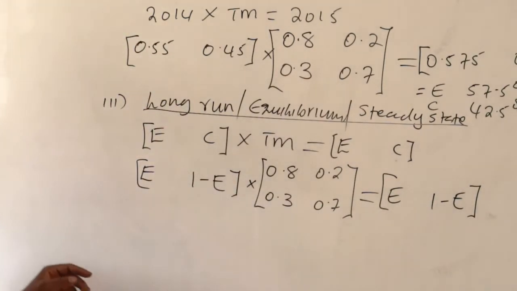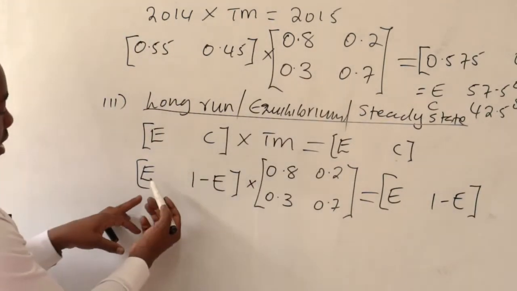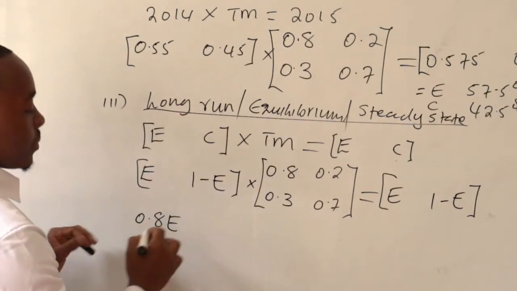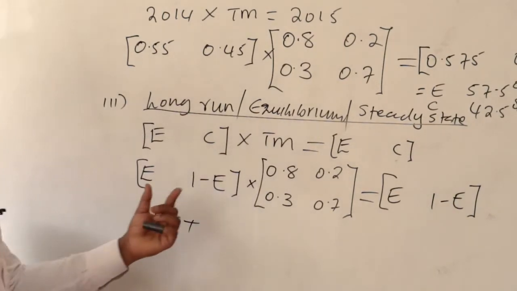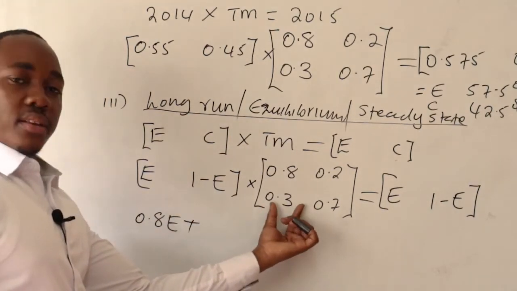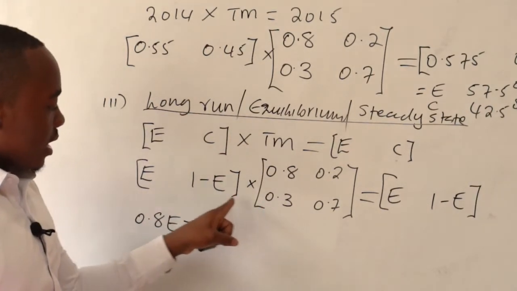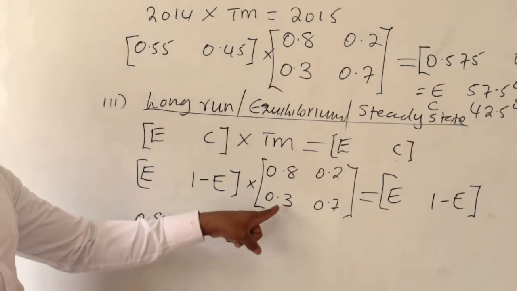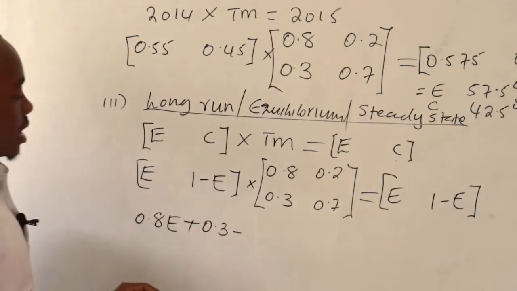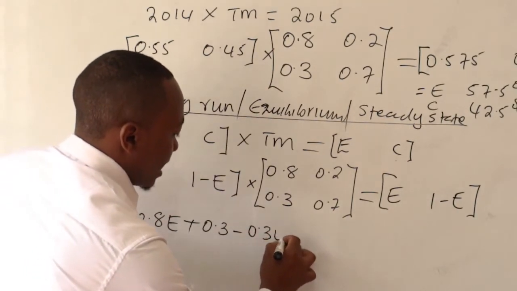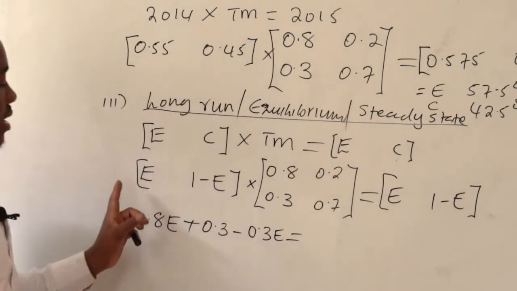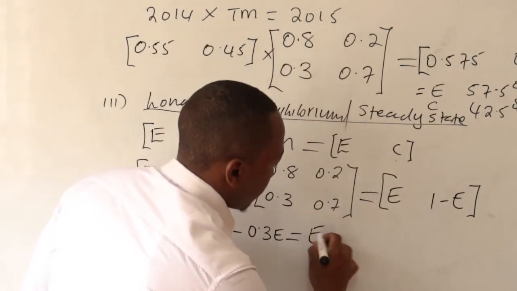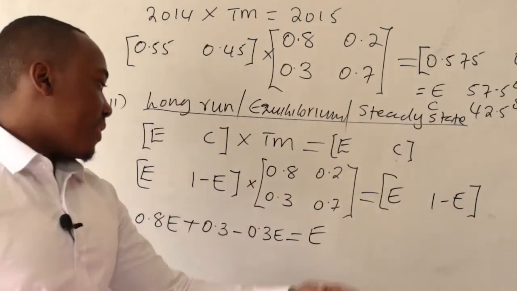So let's do that. We do it with the first. It will be E times 0.8, you will get 0.8E, plus (1 minus E) times 0.3. 0.3 times 1 gives 0.3, minus 0.3 times E, 0.3E, is equal to, we have said that first row, first column, you get E. So this should equal E. Then you bring the like terms together.